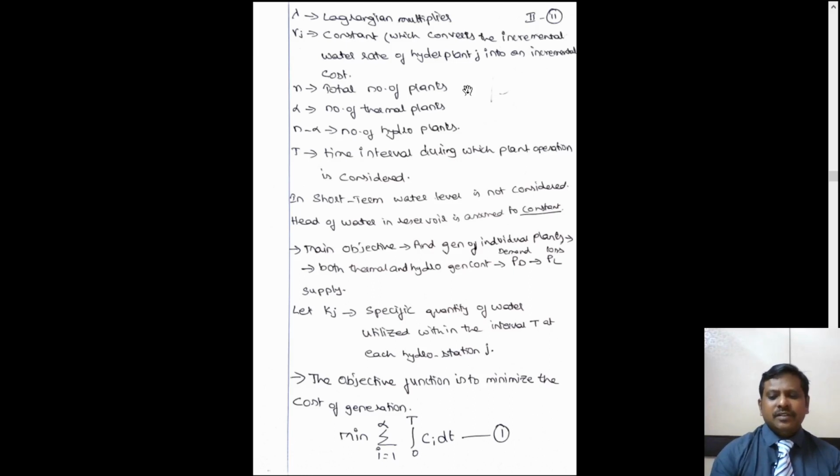If hydro is not considered, we can directly write this as the sum from i equal to 1 to alpha, the number of units, of Ci dt. But since we are considering hydro, the intervals of time come into existence, so we consider the integral from 0 to t.